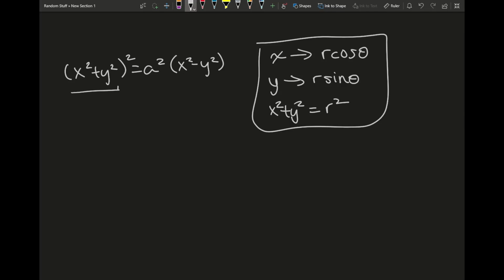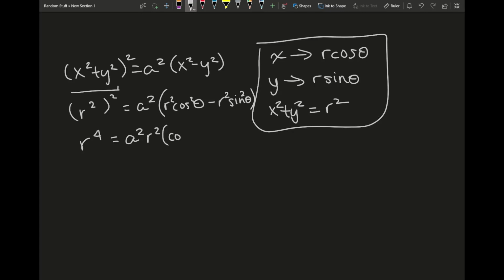So this is going to be r squared equals a squared of r squared cosine squared minus r squared sine squared. And this simplifies to r to the power 4 equals a squared, and you can factor the r squared out, so you get cosine squared theta minus sine squared theta.